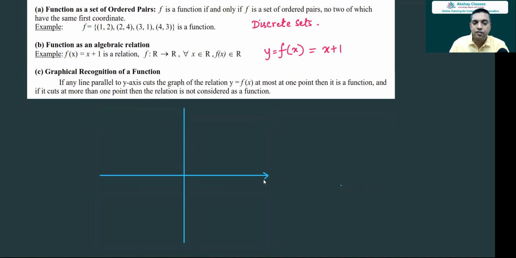What is a graphical representation of a function? On the horizontal axis, the x-axis, we plot the domain, and on y we plot the codomain.